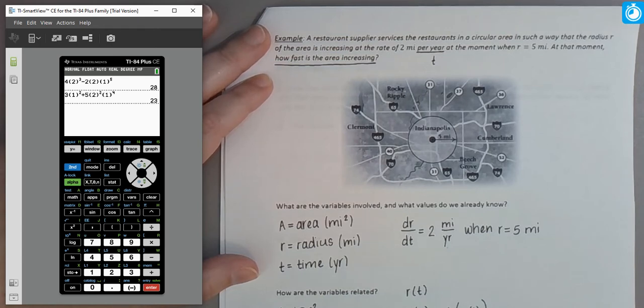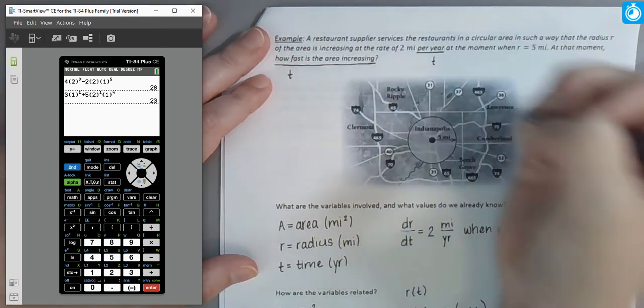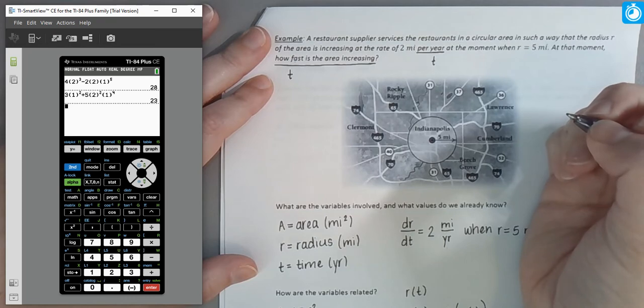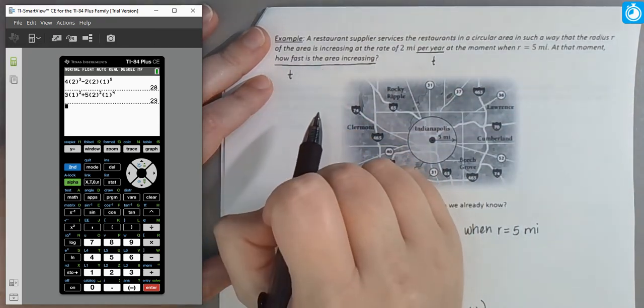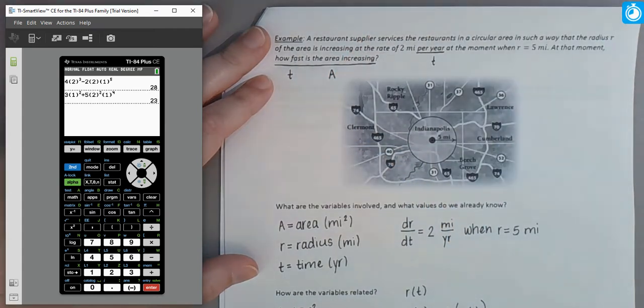There is the question. How fast is the area increasing? Well, as soon as I see how fast, speed related to time, how fast means we're looking at something related to time. And how fast is the area increasing means we're interested in area. So we want to know, how is the area changing as time changes?